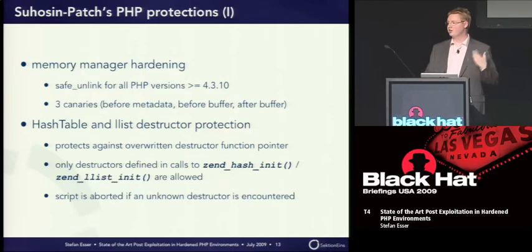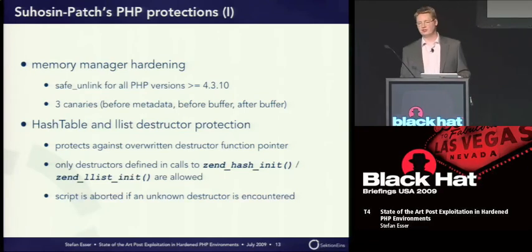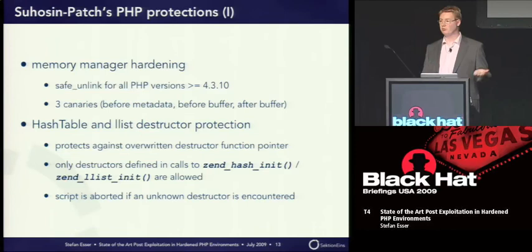When a new hash table is created and the destructor is registered, it will record this, and later when a destructor is about to be called, it will look into its table and look up if this destructor is known. If it's known it will allow the execution, and if it's not known it will not allow the execution. It will abort the script, abort the process, so that there cannot be any other problem.